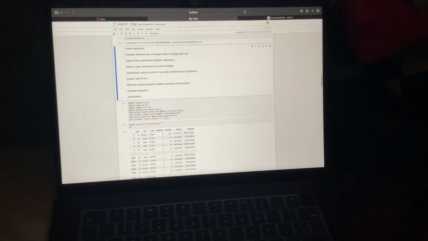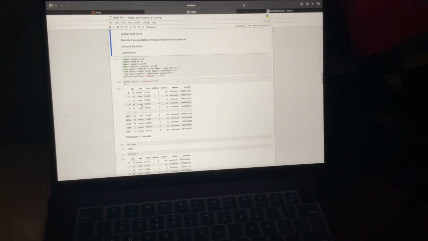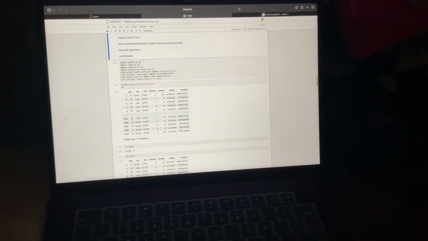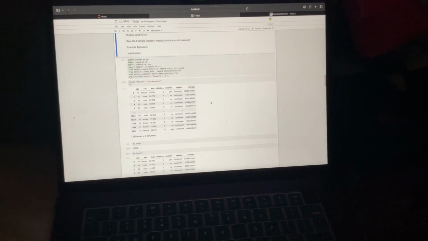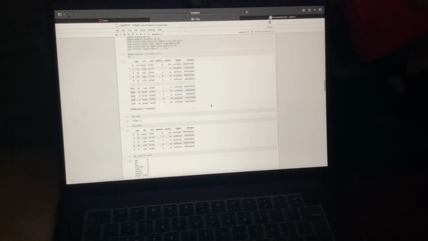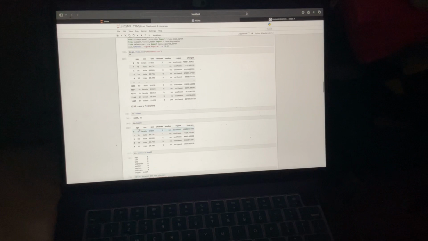Here I'm importing the libraries I need. Right here I'm reading the CSV file, which is the insurance file. It shows the shape, what is inside of it, and anything missing.